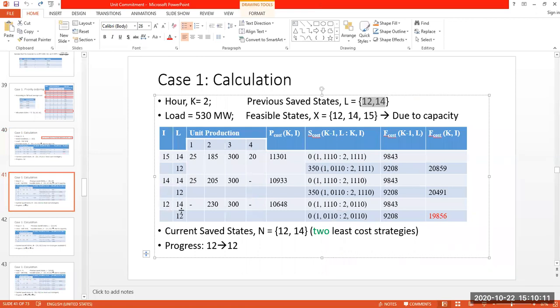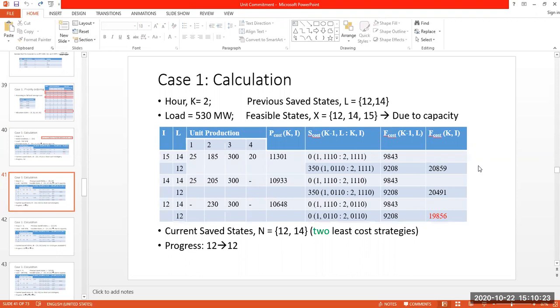And the feasible states I are 15, 14, and 12. So an increased amount of computation will be required, but now you know how to calculate this, right? You can simply go through this process. It's the same process.